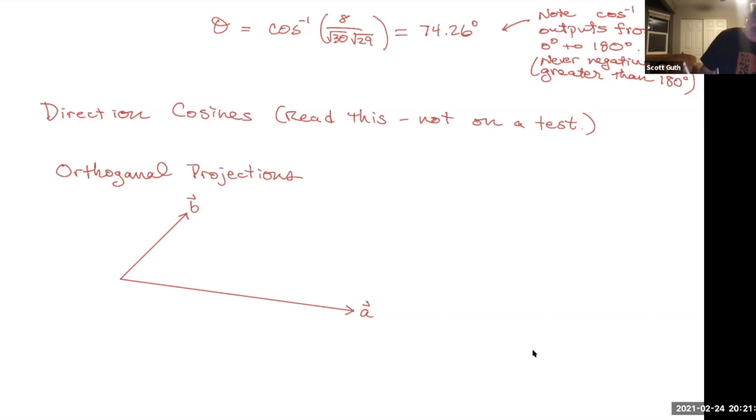So I'm going to try and do a perpendicular from the tip of B down to the side of A. So this will be perpendicular to A. I'm going to try anyway. So something like this looks pretty good.